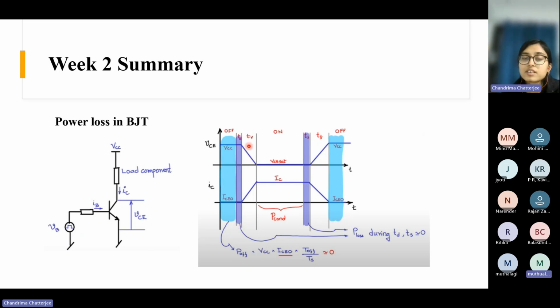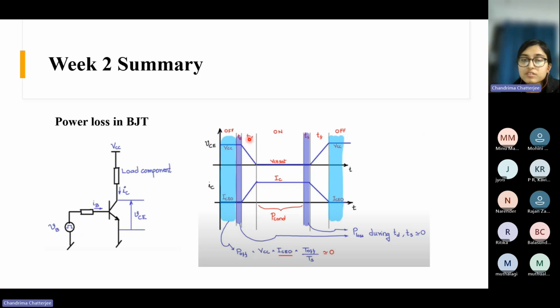The power loss is significant in this region because here the voltage is gradually falling from VCC to VCE sat. Almost this is also very small, and the current is rising from ICO to IC.